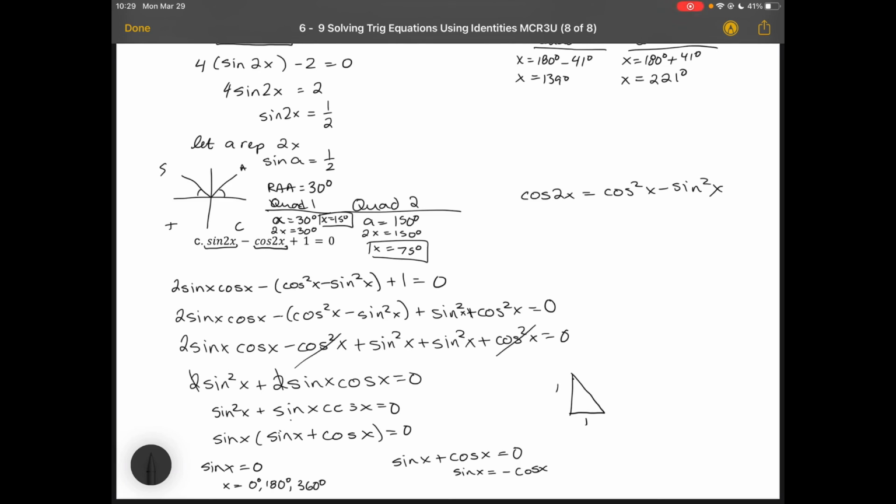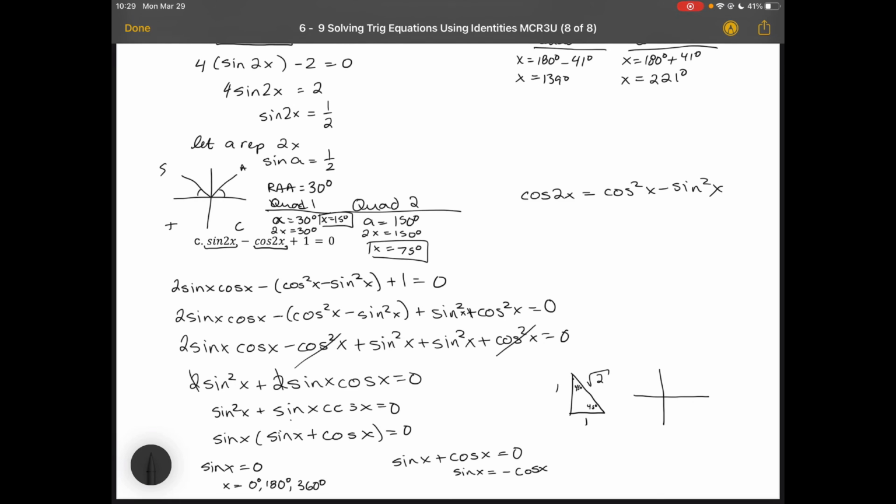So let's start by drawing out our 45, 45, 90 triangle, because I know that I'm going to have some opposite values here because my x and my y are equal to each other. So I've got 1, 1, and root 2 with an acute angle of 45.